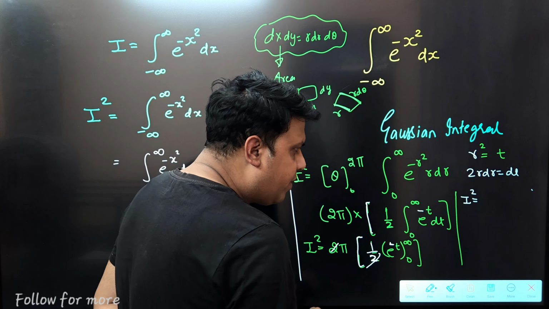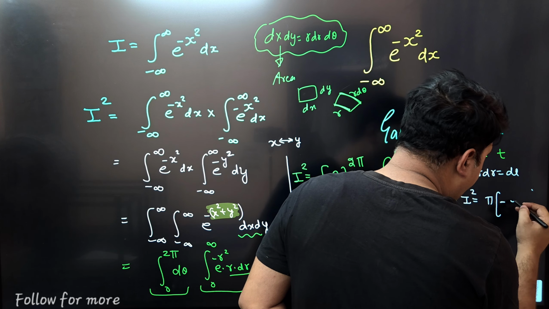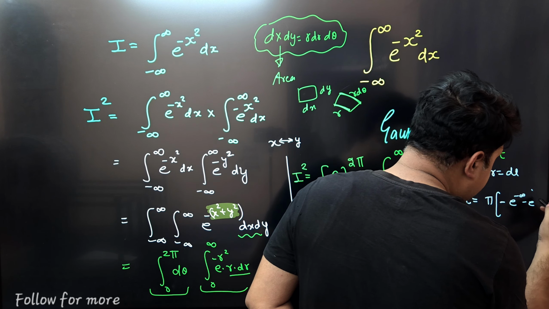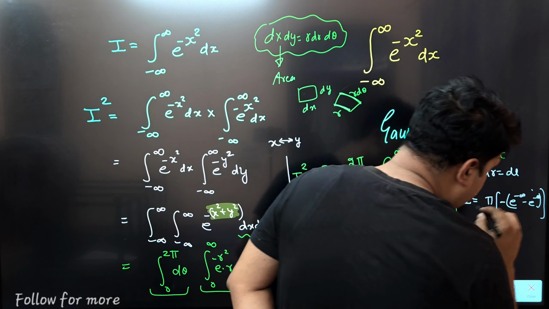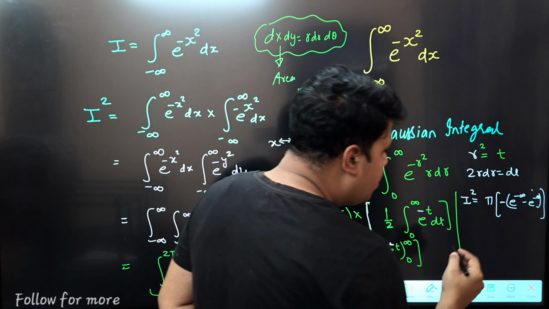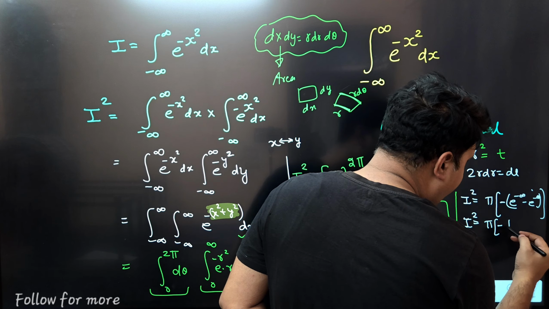So what is the integration of this now? This is π into negative of e power minus infinity minus e power minus 0, right? I believe it is clear, right? So this is going to be I square equals to π times negative of 1 by infinity.